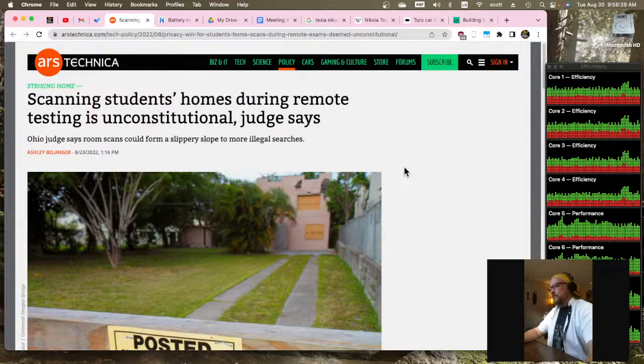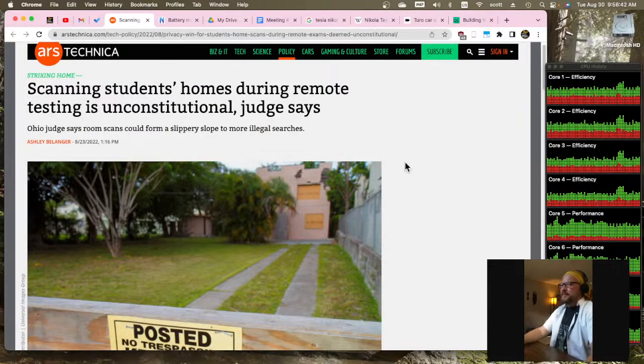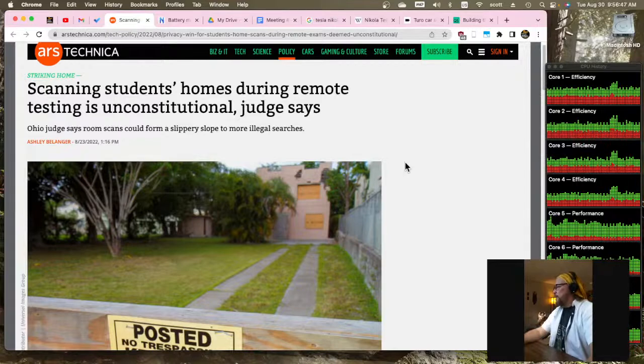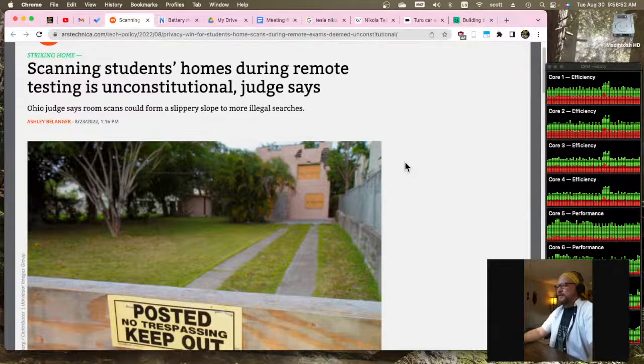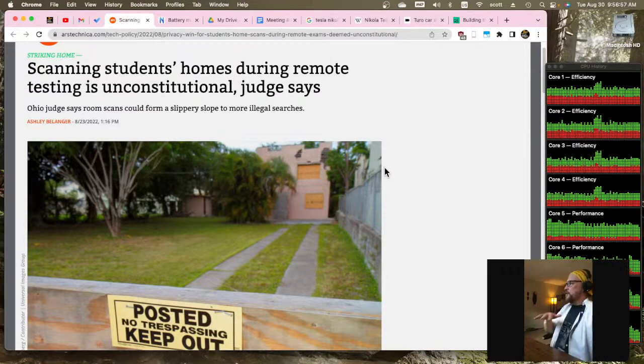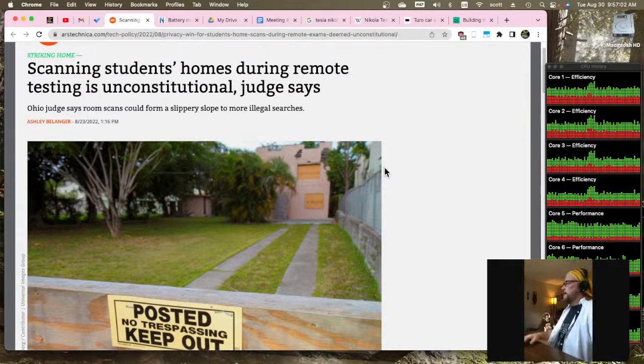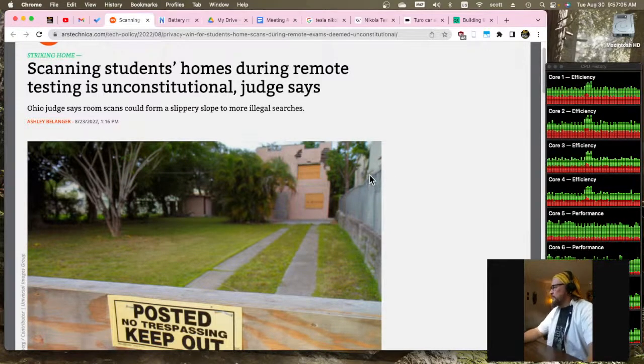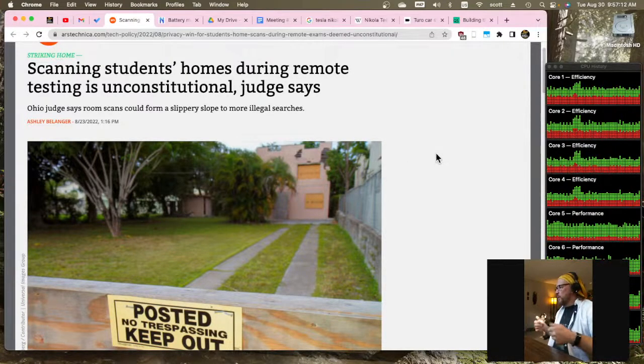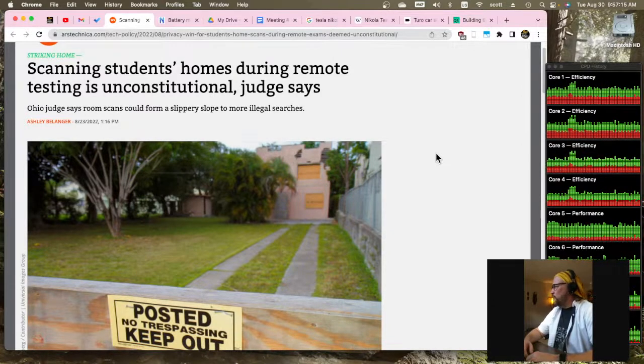And so what the schools have adopted is kind of what's been adopted in the workplace, a methodology for monitoring behavior during a test, and specifically a room scan, where periodically throughout a test, your webcam comes on without your permission, and it just looks at what's going on in your room, so that if there's any question of impropriety, they can go back to that room scan and see if maybe they're looking up the answers or somebody's taking the test for them or whatever it might be.